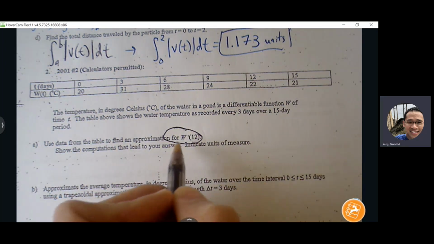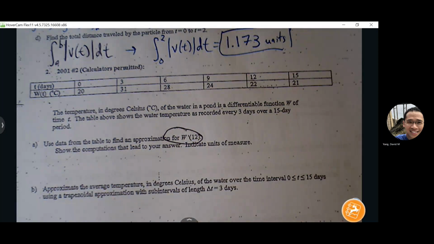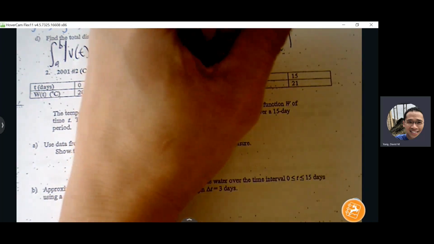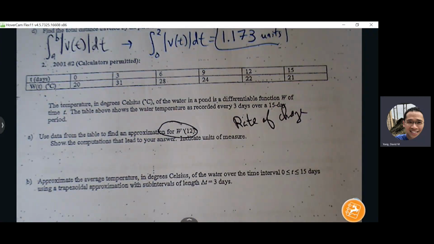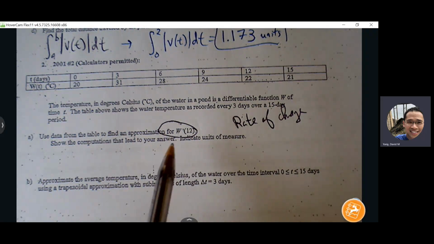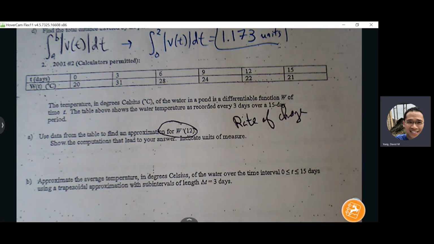Right? What's another word for derivative? Slope, okay. What's another word for slope? Yeah, rate of change. Okay. But what we don't want to say is velocity. I think that's typically what students think of when they're given a word problem.